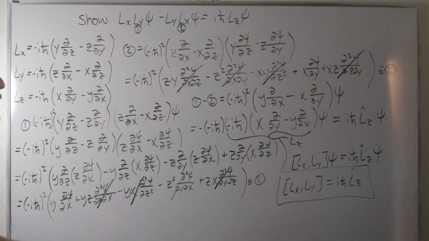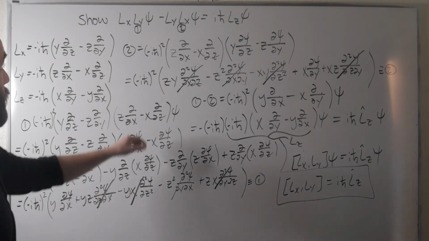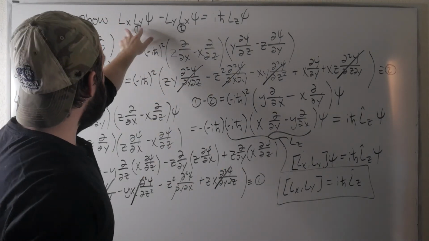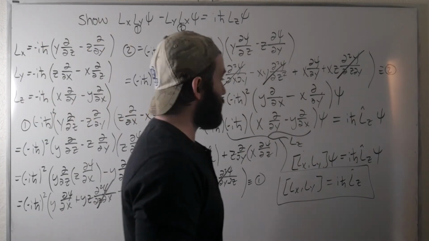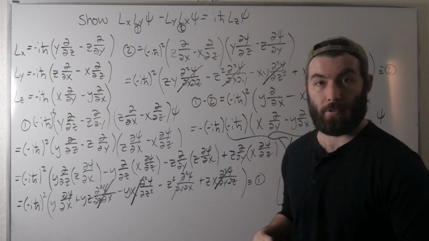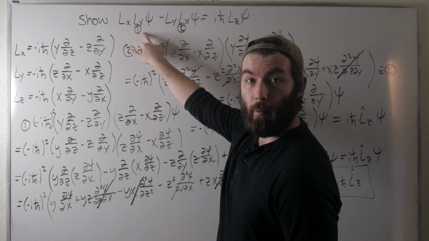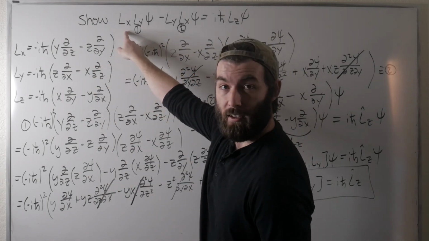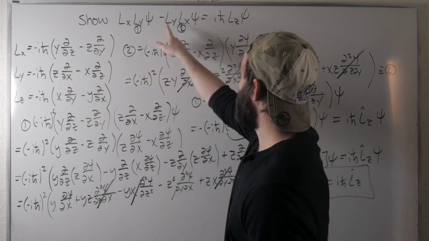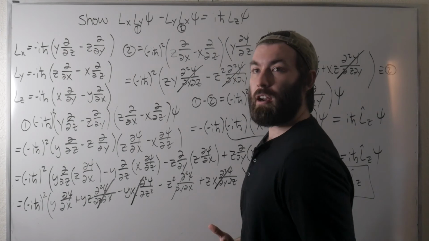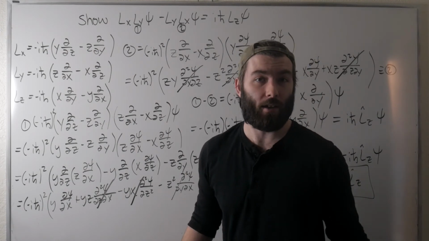But the interesting takeaway for all of this is we took the difference, AB minus BA, of these operators acting on the wave function. So in a way you can think of it as saying, let's measure the y component of angular momentum and then the x, and then we'll see how this differs from if we measure x first and then y. Now, in ordinary circumstances, why would that be any different?